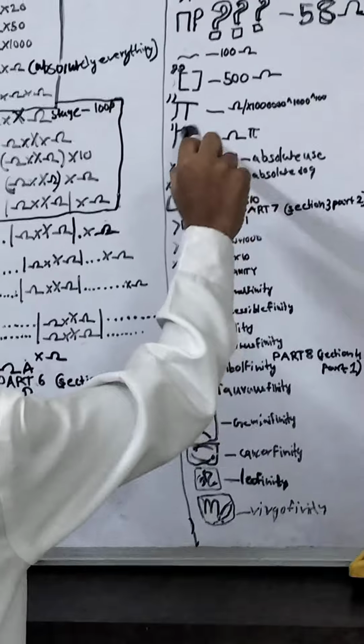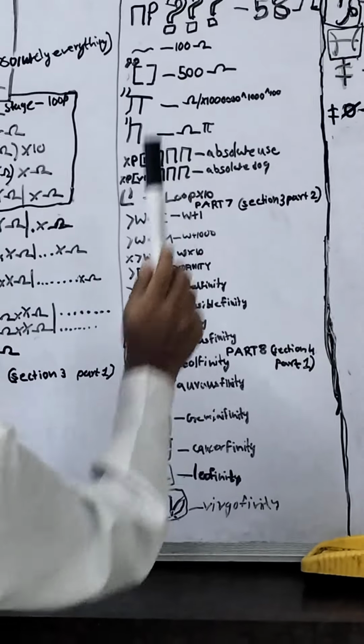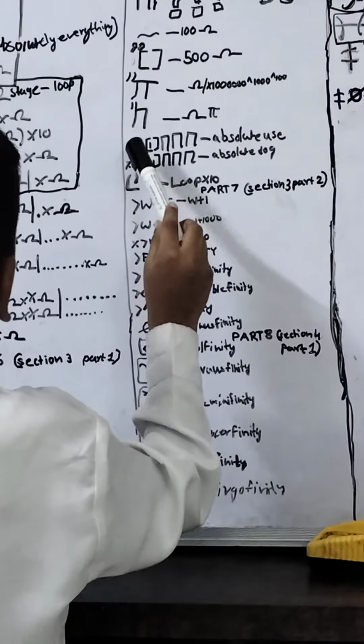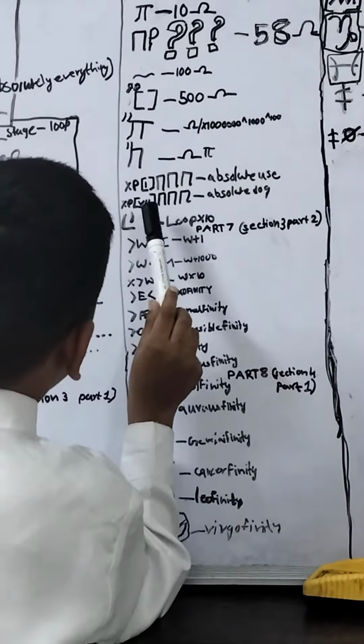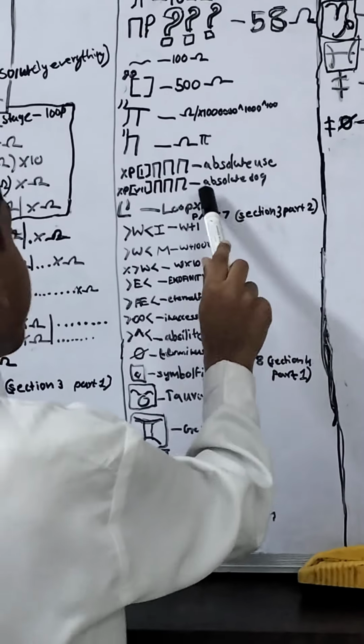And xp bracket I bracket close pointed end is equal to absolute use. And xp bracket VII bracket close pointed end is equal to absolute dog.